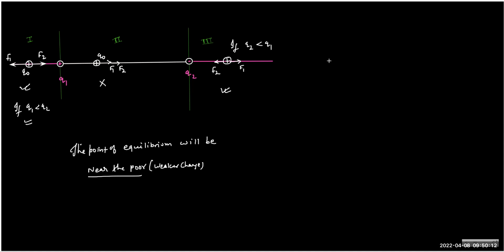So for example, if I give you the scenario, if we have plus 4 microcoulomb, let's say minus 9 microcoulomb, and if I ask you, where do you expect the equilibrium, left of, right of, in between?